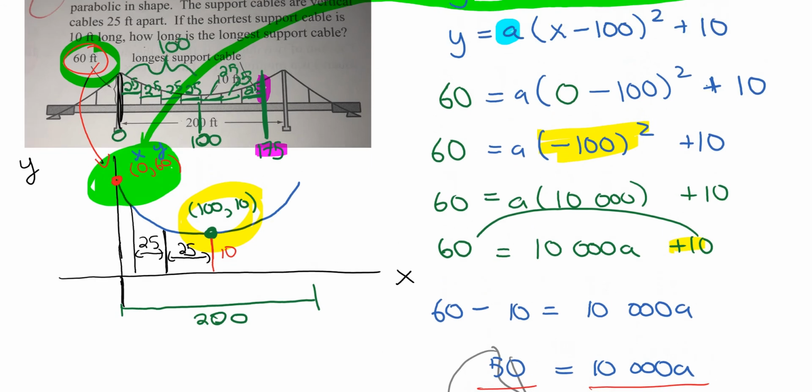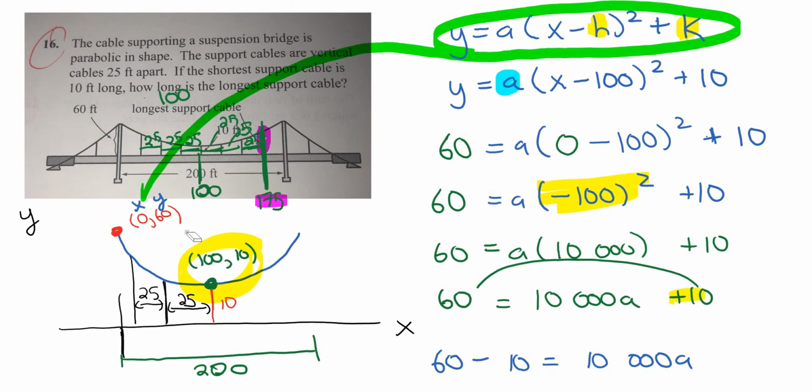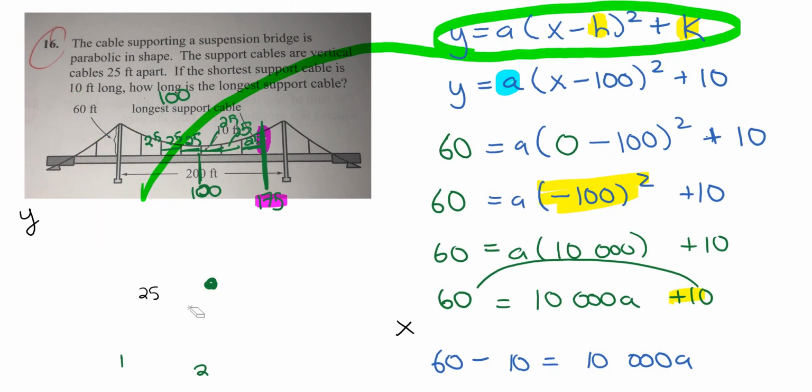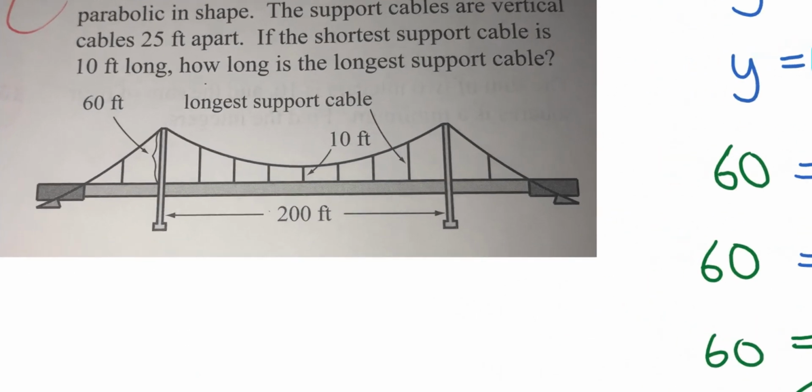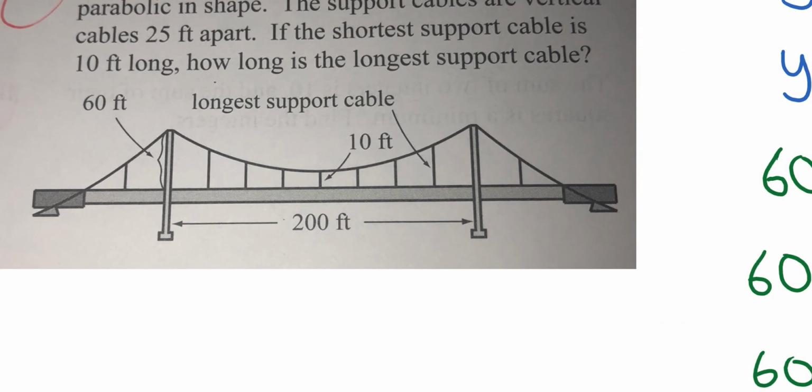Sorry, there's a bunch of colors here now. Let me just erase all this. Okay, so I'm going to blow this out really carefully so you can see it now. This point right here is the point 0, 0, and that's 25 meters.